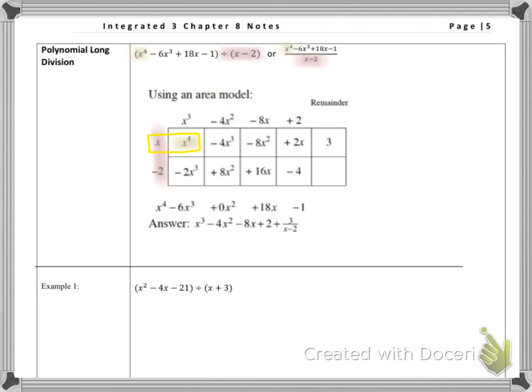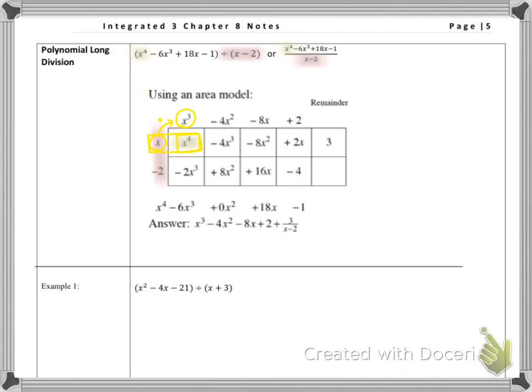So going back to what we know, x, this guy on the outside, times something has to give me the thing on the inside, the x to the fourth. That's what you're going to be looking for next. So what is that something that goes here, so that when those two are multiplied together, you get the x to the fourth on the inside of the box? Well, we know that it's got to be x cubed.